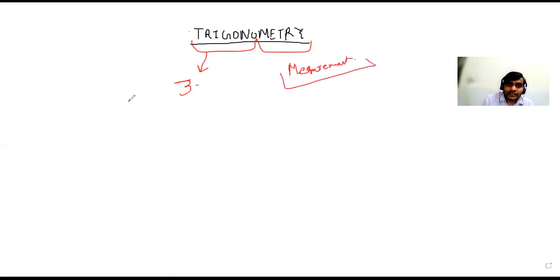That means we are going to study the measurement or combination of triangles. The area enclosed by three sides is known as trigonometry. In this topic we will discuss the angles and the sides.